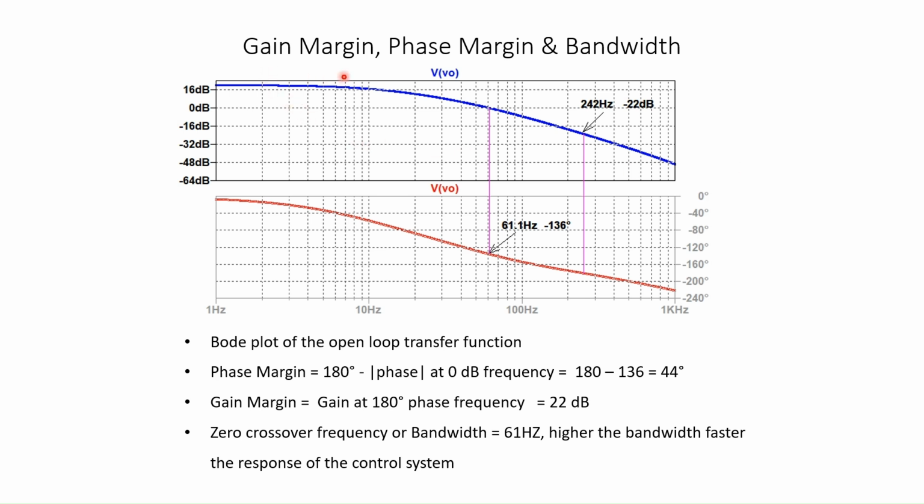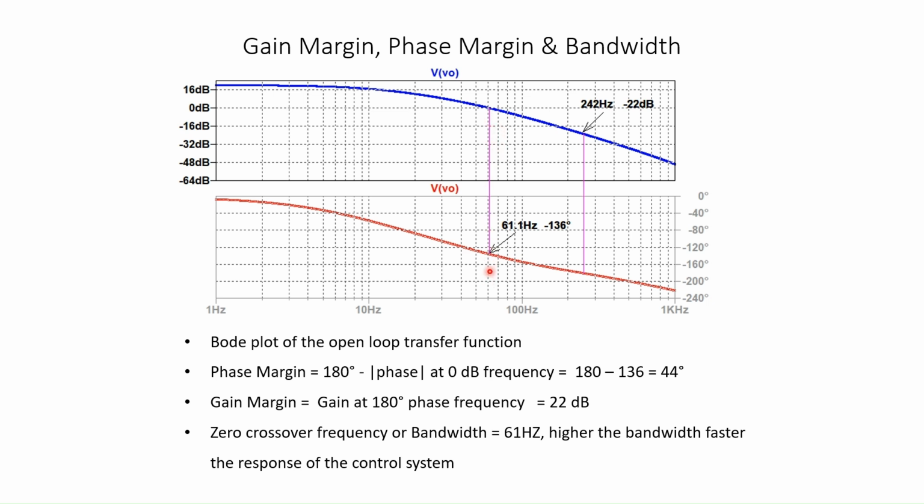So the gain margin, phase margin and bandwidth are obtained from the Bode plot of the open loop transfer function. This is the magnitude plot. The magnitude crosses 0 dB at this frequency, that is 61 Hz.